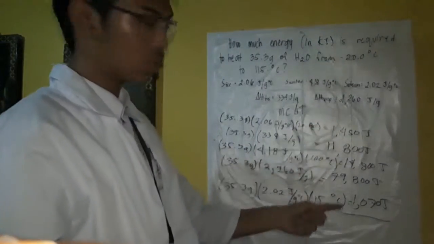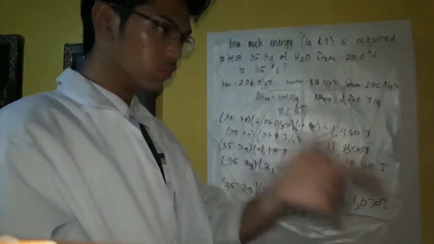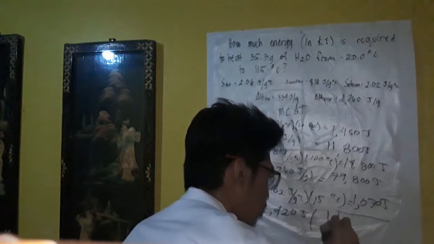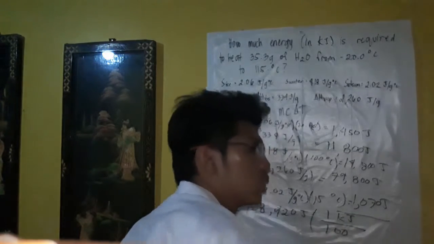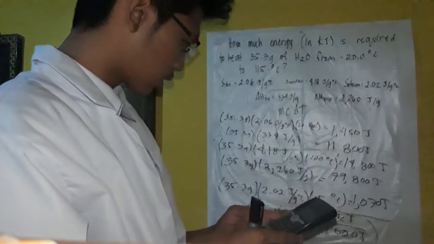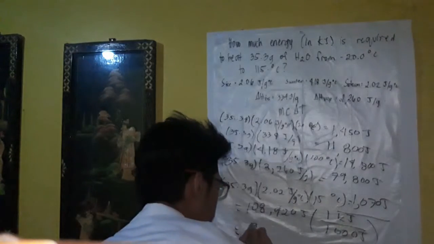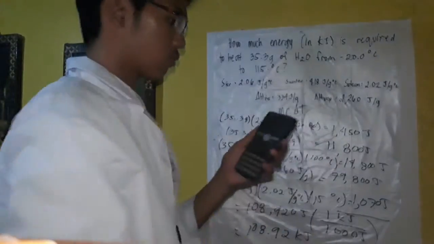Now we will add all of this. If you add these, you'll get 108,920 joules. And we should convert it by multiplying by 1 kilojoule over 1,000 joules. In the calculator, 108,920 divided by 1,000, we will get 108.92 kilojoules.